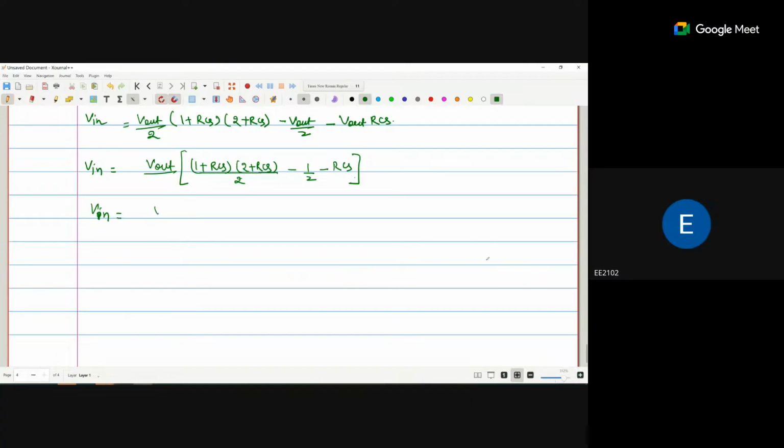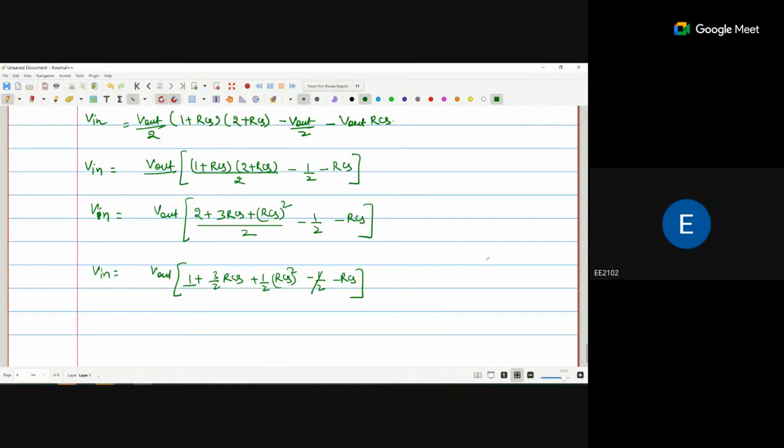So V in is equal to V out. If I multiply, it is 2 plus 2 and 1, 3 RCS plus RCS whole square, divided by 2, minus 1 by 2, minus RCS. So V in is equal to V out times 1 plus 3 by 2 RCS plus 1 by 2 RCS square, minus 1 by 2, minus RCS.